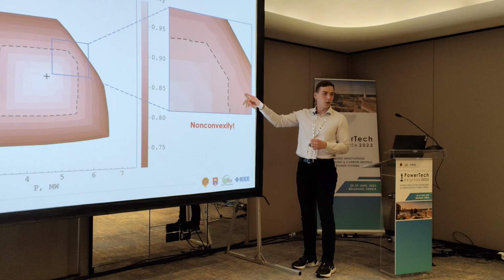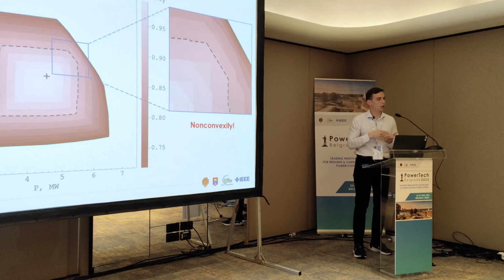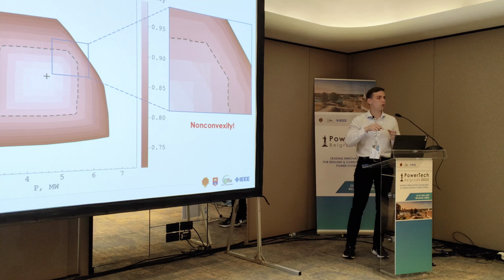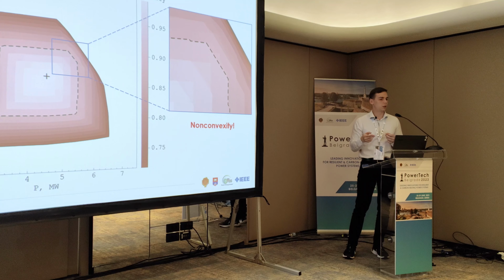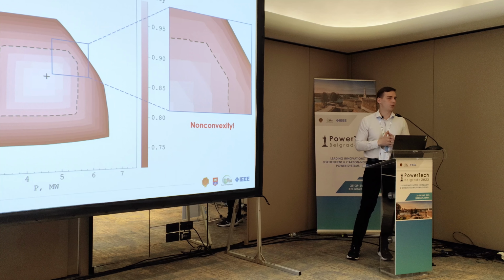So you have to cross this area because of non-convexity, which is less reliable. So you plan to operate in some reliable non-convex area, but you may accidentally leave it. This is the problem with non-convexity. It's not straightforward to operate within this area. And we want to explore this more in our future research. Thank you.